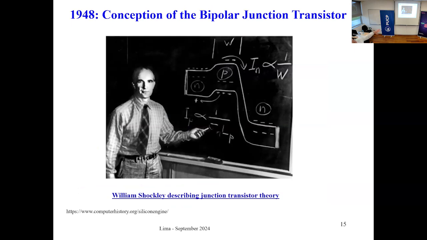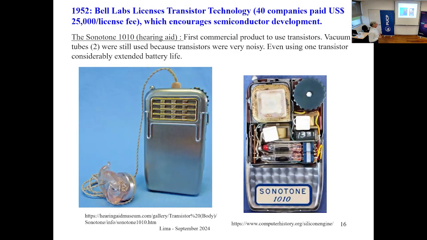And this picture describes the basic behavior of the bipolar transistor: a forward biased base-emitter junction and a reverse biased collector-base junction. This diagram explains how the carriers flow, how the electrons flow through this barrier and go to the collector. I suppose that you know this.